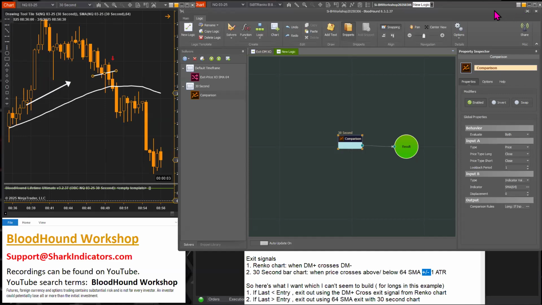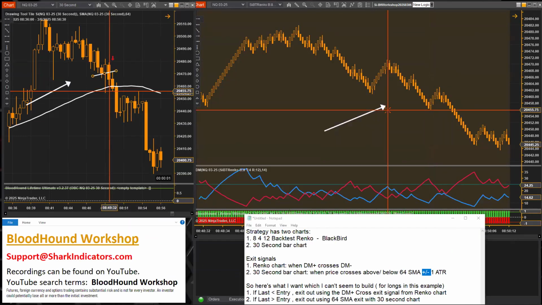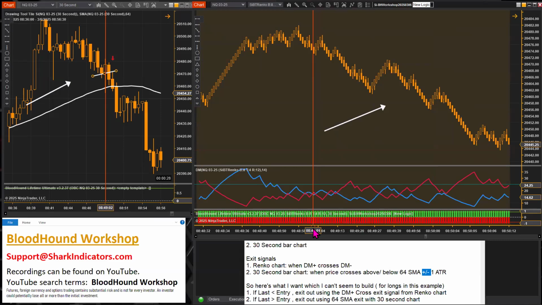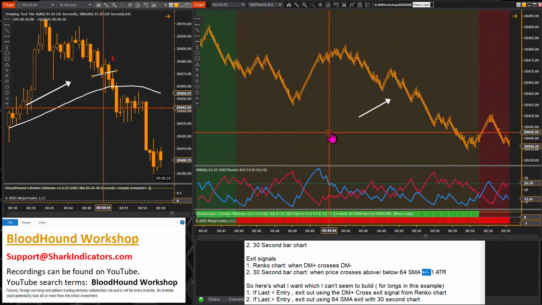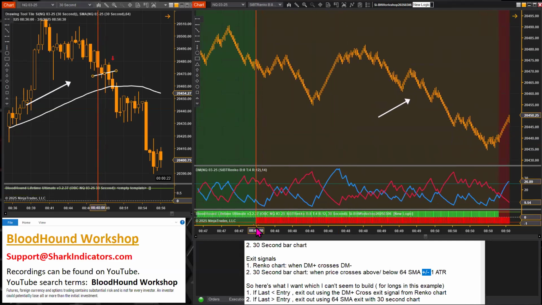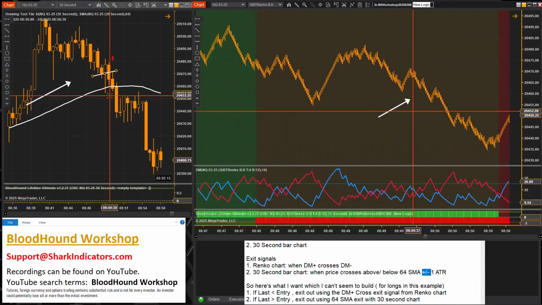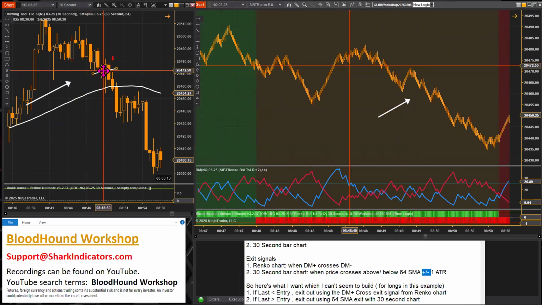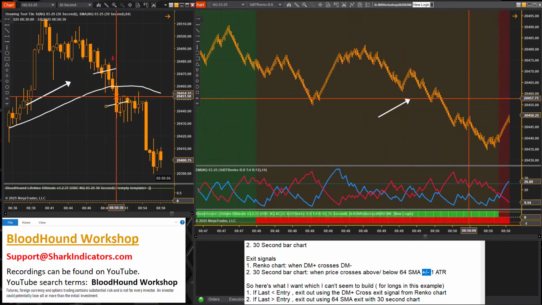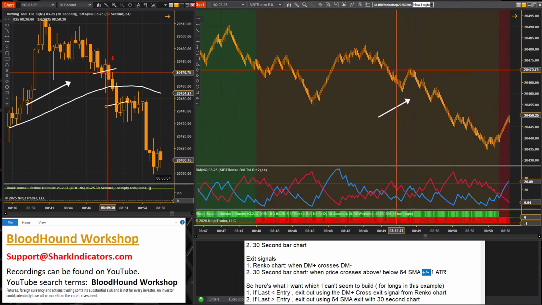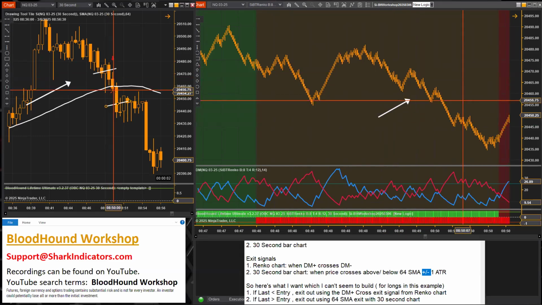Now if we look at things, what's going to happen is we're going to get this period here where we're getting a long and a short exit signal together, because there are going to be times where the closing price is inside this ATR offset range.